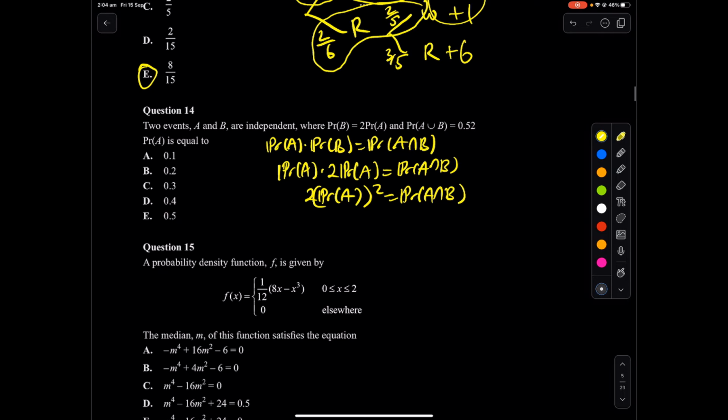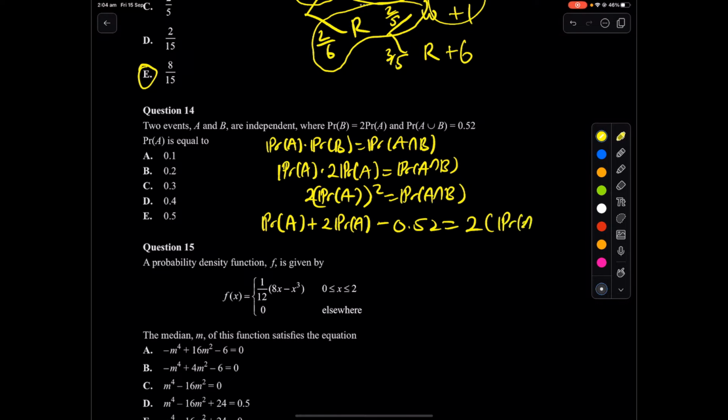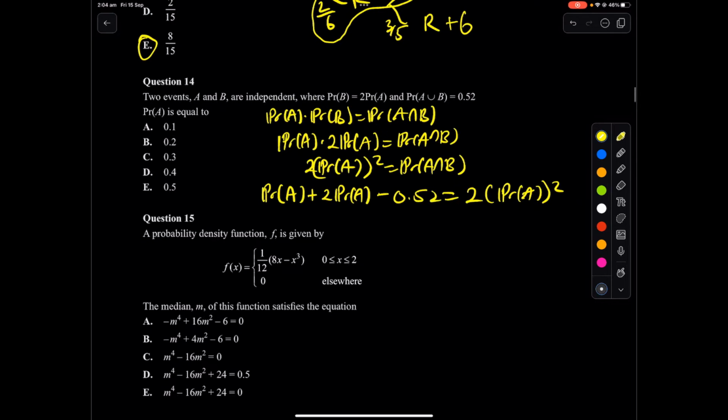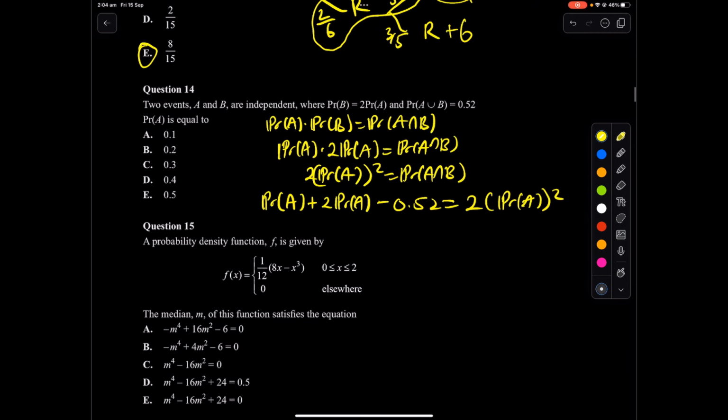And we know by the addition rule that the probability of A plus the probability of B, which is just 2 probability of A, minus this over here, 0.52, must equal your probability of A intersection B, which we've already calculated, which is 2 probability of A squared.